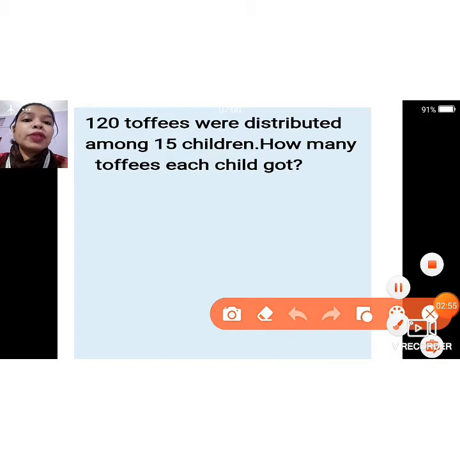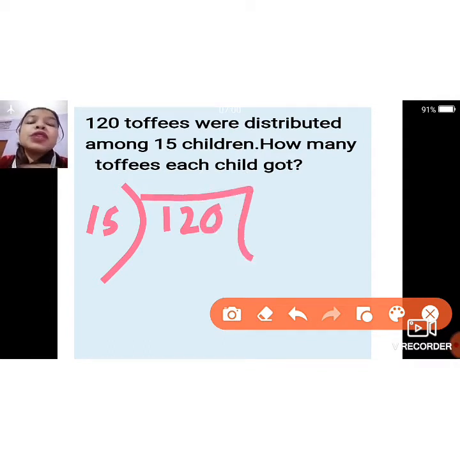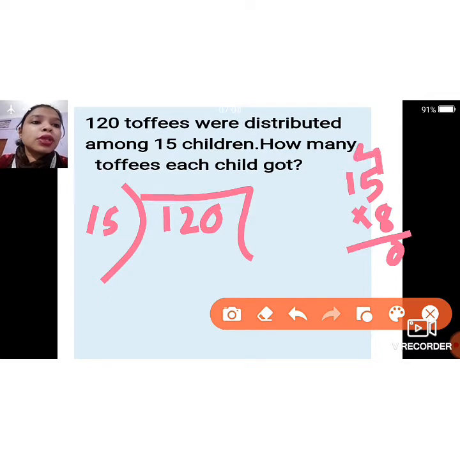So what is the divisor here? The divisor is 15 and the dividend is 120. Now we have to divide the number. 15 times what is equal to 120? Let us find out. Okay, so I'll try 15 with 8. 8 fives are 40, 8 ones are 8, that is 120.